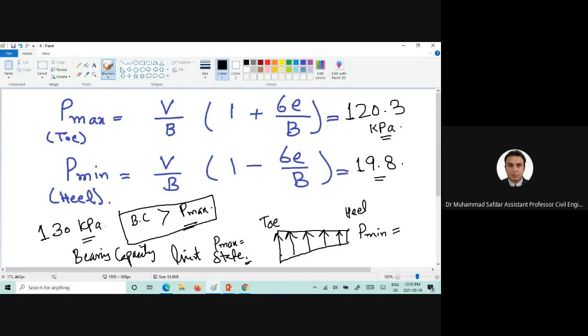If the bearing capacity of the soil, if we calculate, is for example 100 kilopascal, and we compare, this is greater than the bearing capacity of the soil, so it means that the bearing capacity limit state is not satisfied. I hope you understand the explanation here.